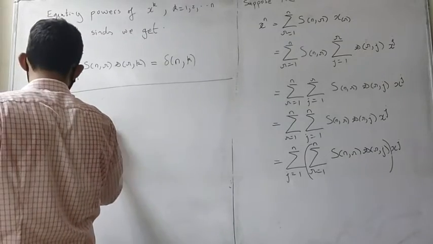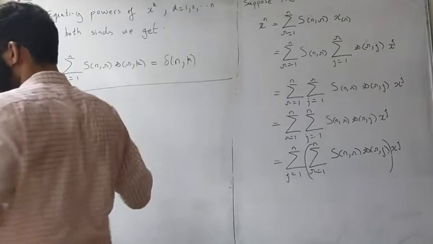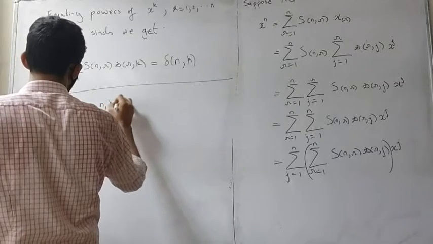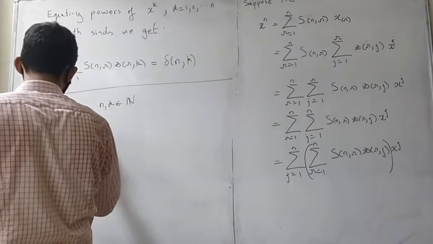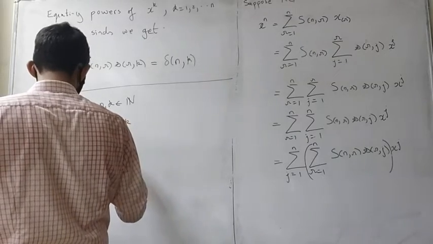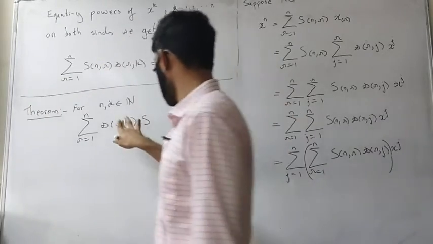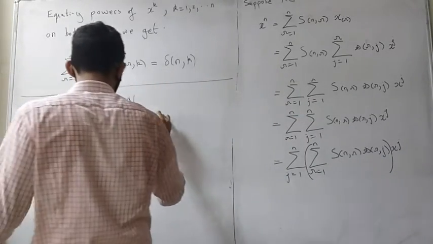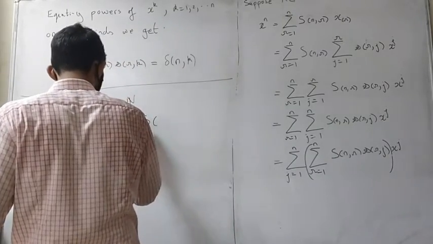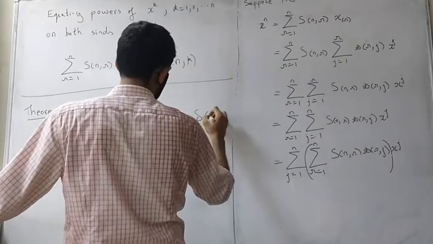So summation r going from 1 to n, small s n comma r, into capital S r comma k, sorry, this is n comma k, capital S r comma k. Okay, this is again also delta nk.